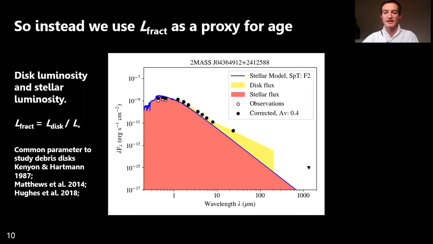The disk luminosity is here the shaded yellow part, which is the excess from 1 to 110 microns divided by the stellar flux. This is a common parameter that's used to study debris disks, and we'll be applying it to both the class 2 and 3, as well as our debris disk samples.